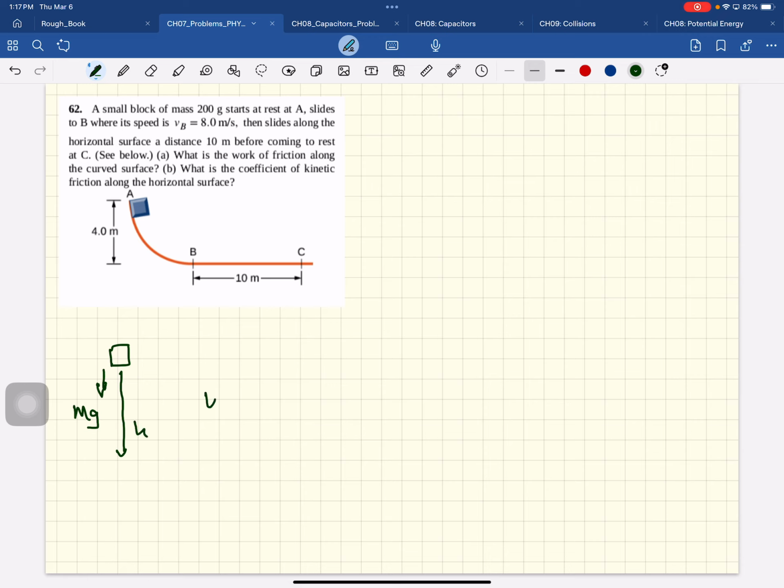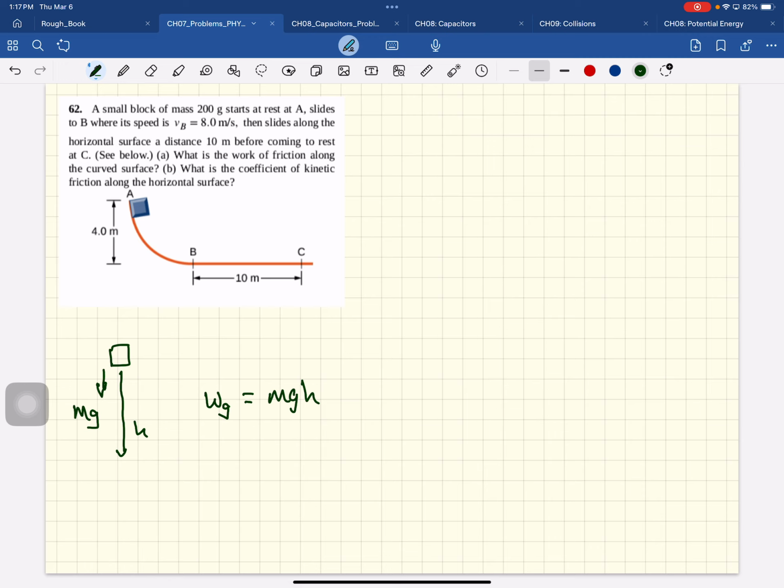The work done by gravity is the force times displacement, and the angle between the two is 0 degrees. Cosine of 0 is 1. So the work done by gravity is mgh when an object falls through a distance h.